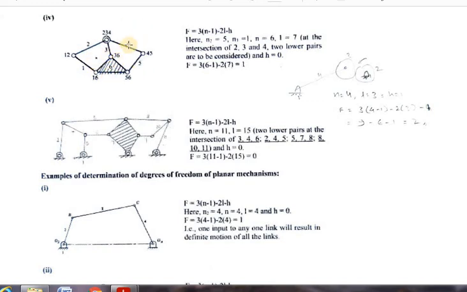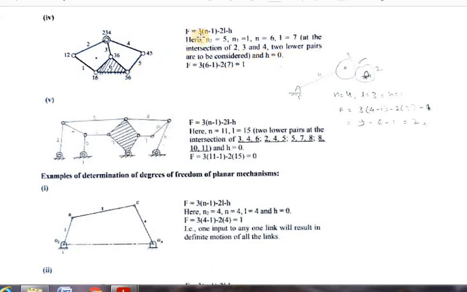So there are 7 lower pairs, L is equal to 7, and there is no higher pair. What is a higher pair? A higher pair means there should be point contact or line contact. There is no point or line contact between them. So H is equal to 0.